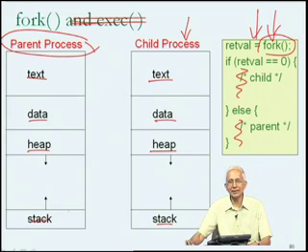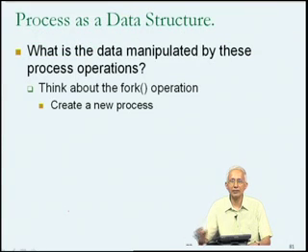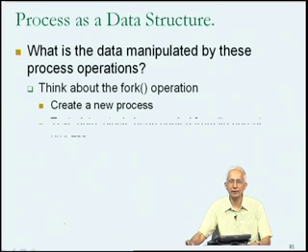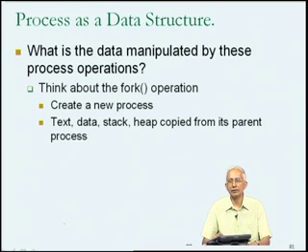So it looks to us like this text, data, stack, and heap, which were created for the child process as part of its birth, its forking, are in fact data associated with the process. They are part of the data associated with the process. And in fact, in the specific case of fork, the text, data, stack, and heap are almost copied from the parent process into the new child process.